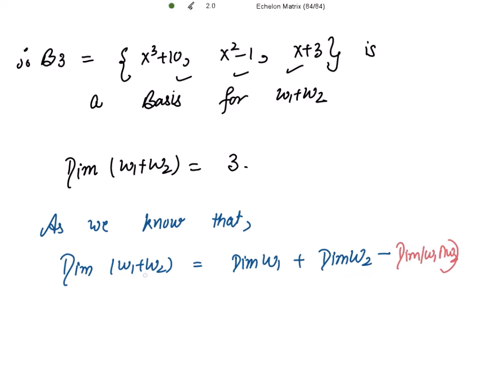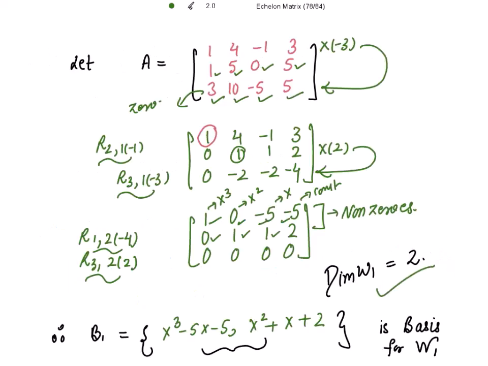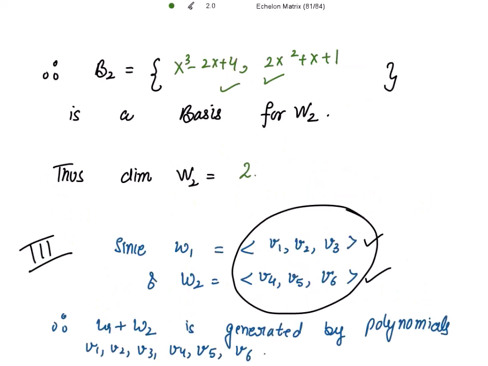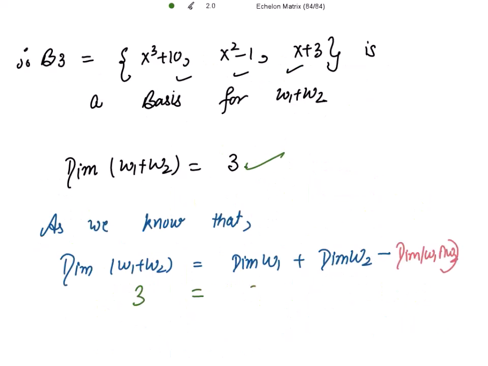Okay, dimension of sum of the subspaces is 3. Dimension of W1 is 2. And dimension of W2 is also 2.